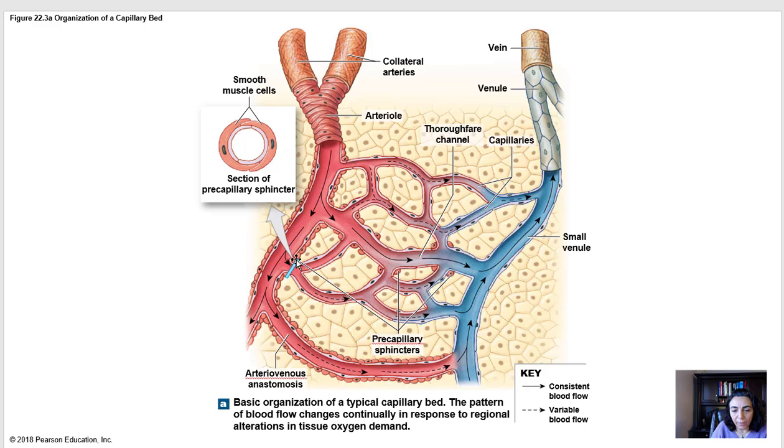Now you see that at the beginning of each bed of the capillary, you have the sphincter structure. As you look at the smooth muscles around the wall on these parts, we call them precapillary sphincters.